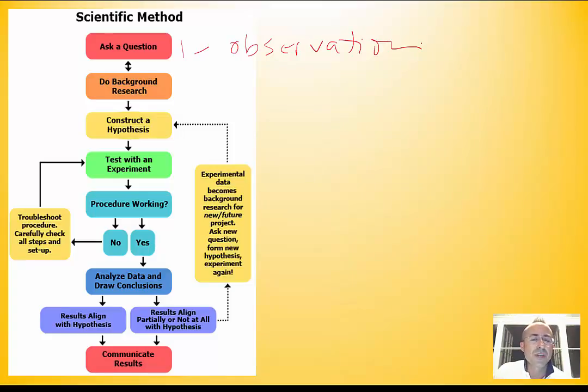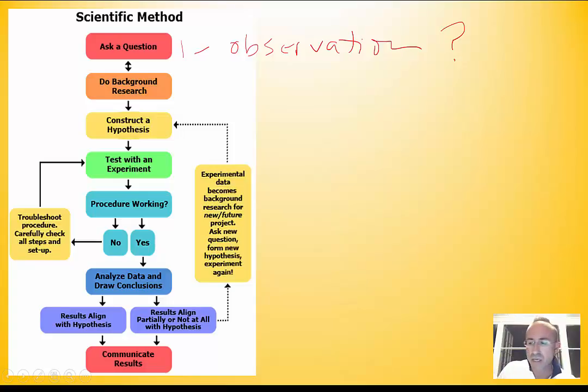Okay, that observation is going to basically stick in your head, and it's going to develop a question. And it might be something that you don't sleep at night. It might be something that you pass every day, and every day it keeps becoming more and more important to you. So that's the first part.